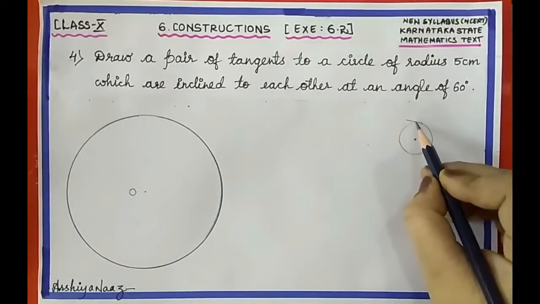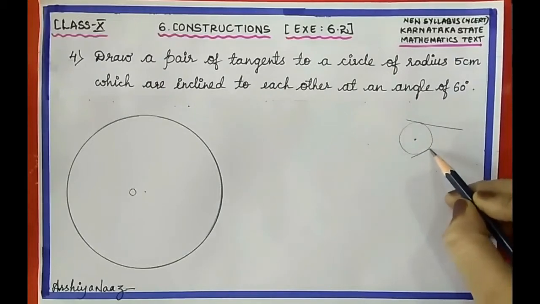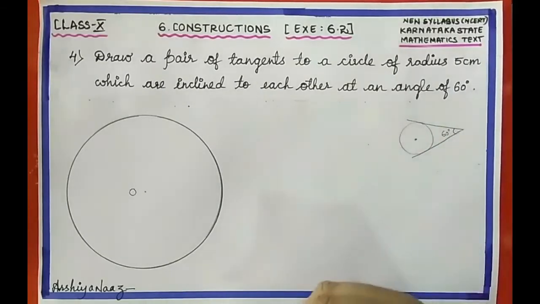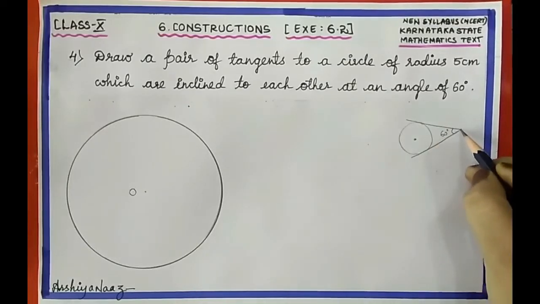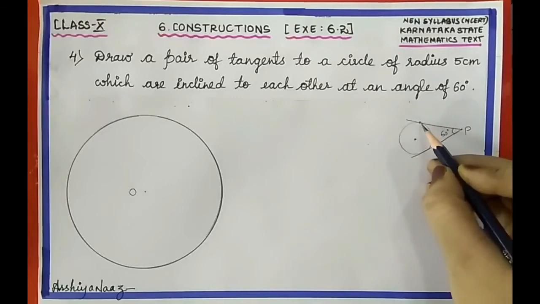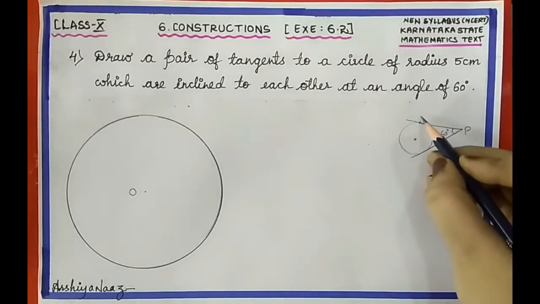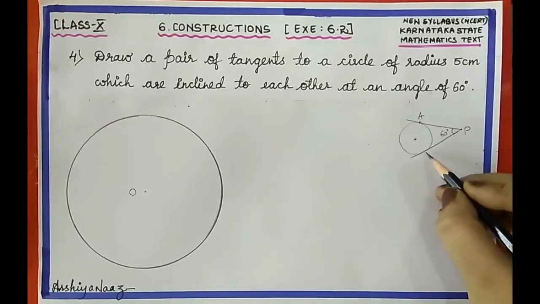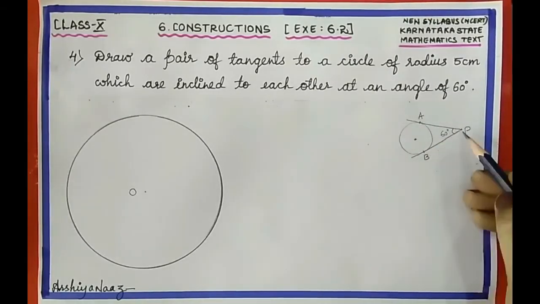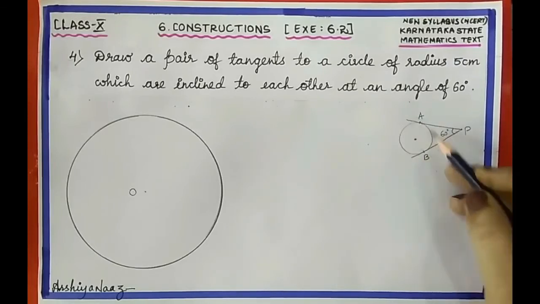The angle between the tangents must be equal to 60 degree, like this. Let us name this point as P, and the point of contact of this tangent, let it be A, and another point of contact, let it be B. So AP and BP are two tangents to this circle.